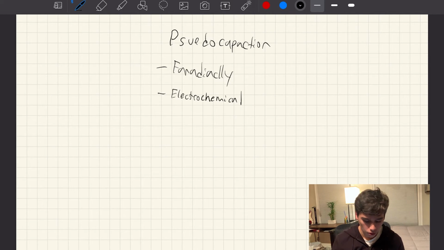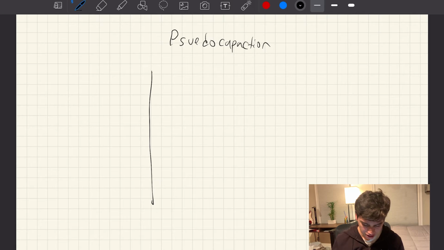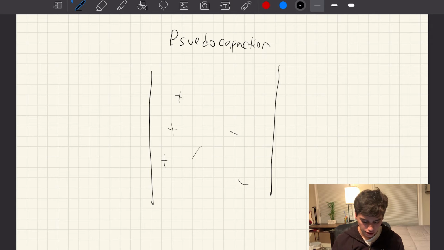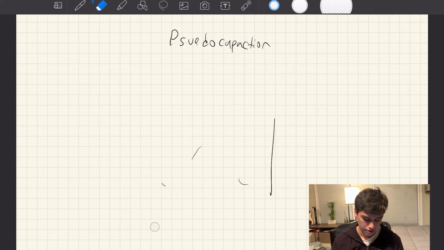That's essentially the whole idea behind the pseudocapacitor: there's going to be an electrode here, but charges are going to be able to cross and go to different electrodes. It's not just going to be those two double layers like we had on the EDLC, or electrochemical double layer capacitor. And that's why it's called a pseudocapacitor, because it's not really a real capacitor. It's sort of a pseudo one.